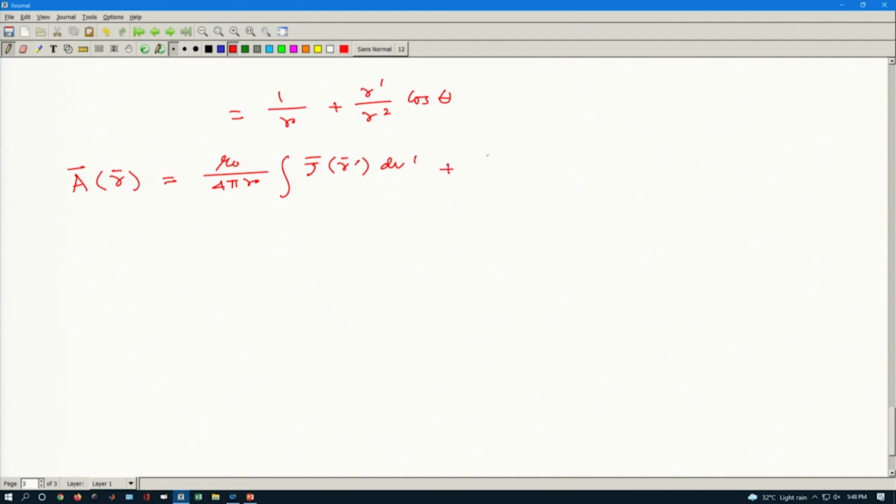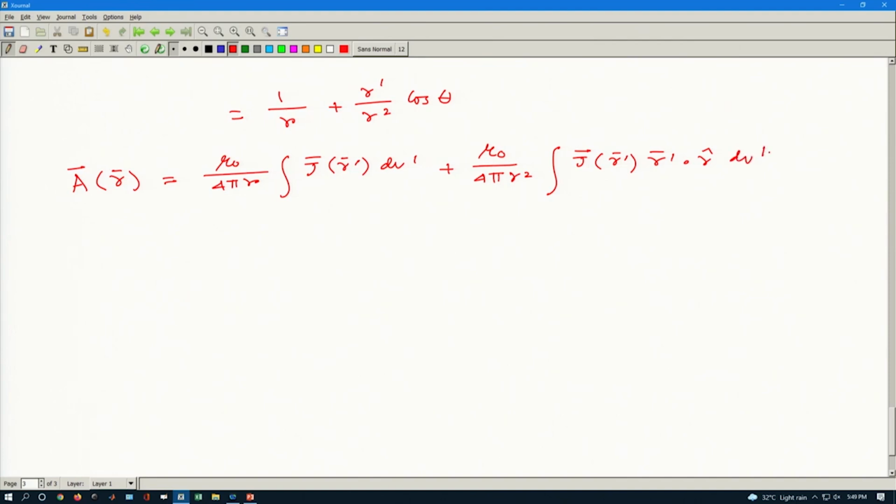And then I have the second term, mu 0 divided by 4 pi, then r square, and then I make an integral, and then I have J(r') dot unit vector r, and then dv'.